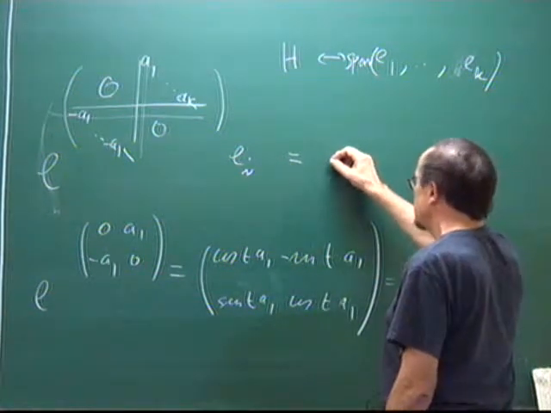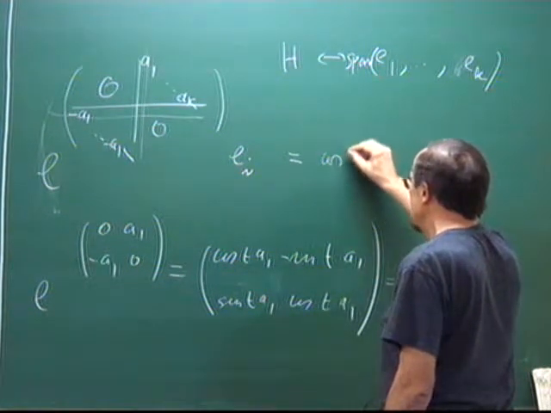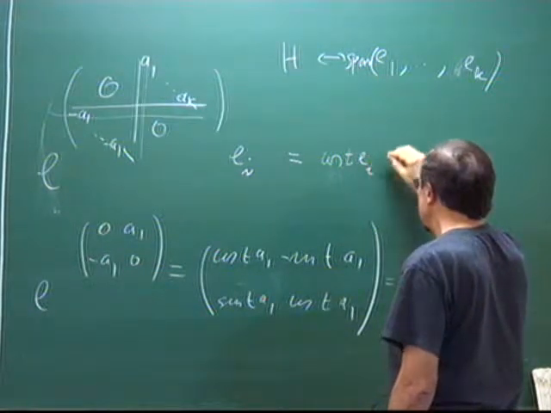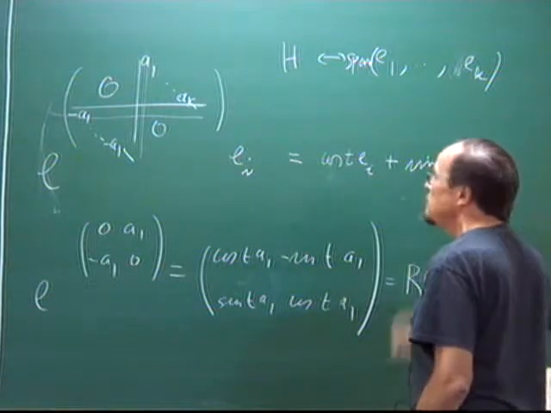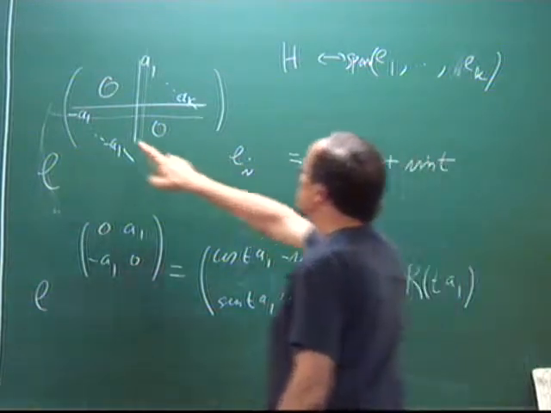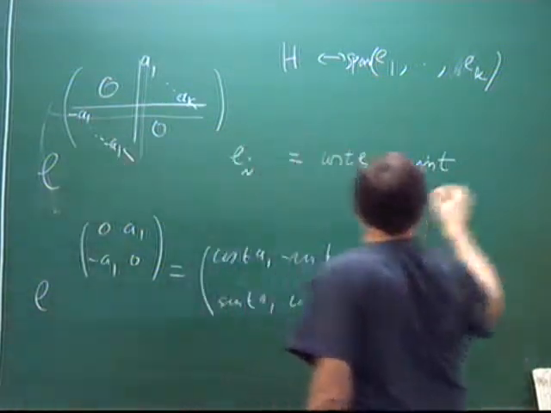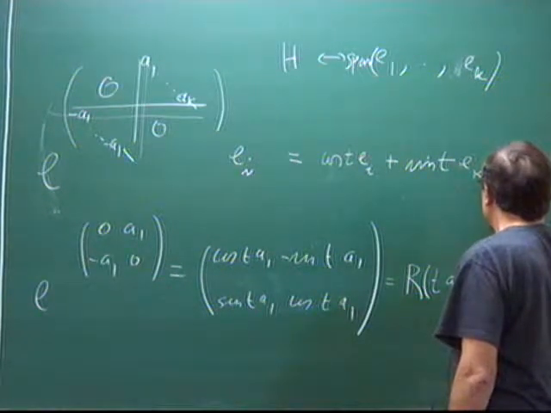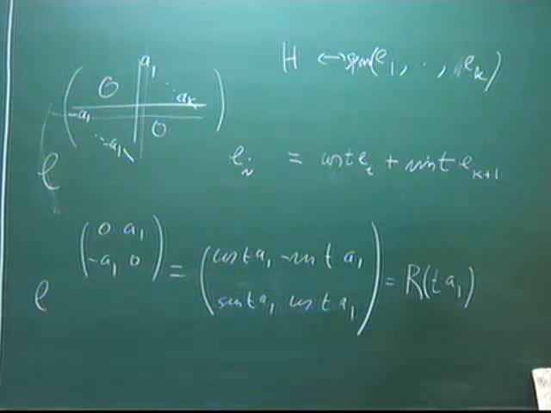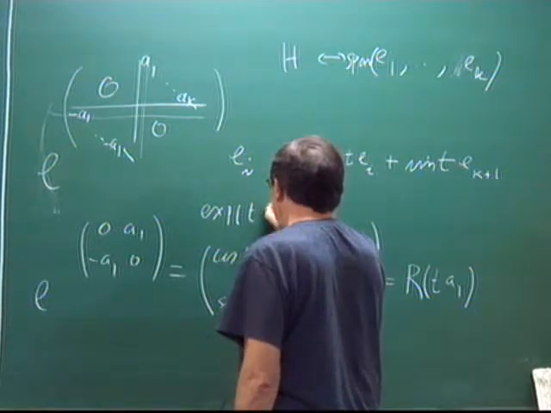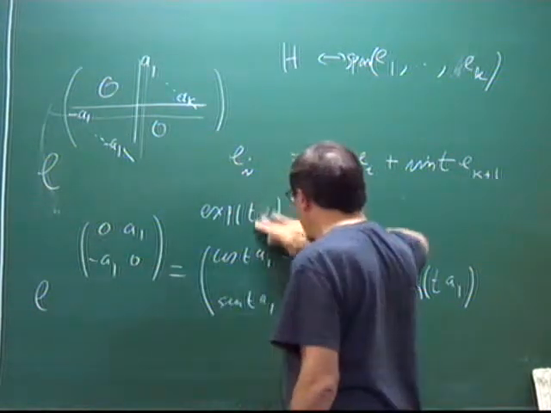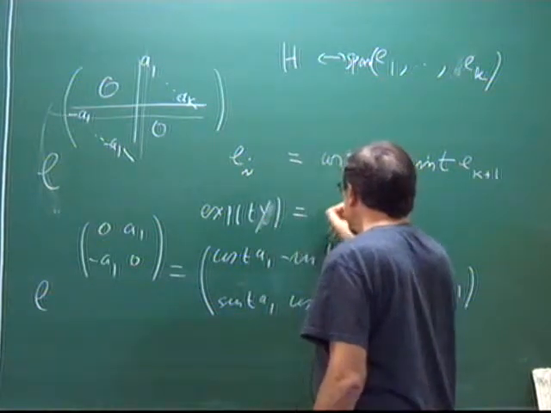I would get cosine t e_i plus sine t, which coordinate is k plus i, right? e_{k+i}. And now x_t, for this partition, right? Y, say, for this partition. Y is the span of those.